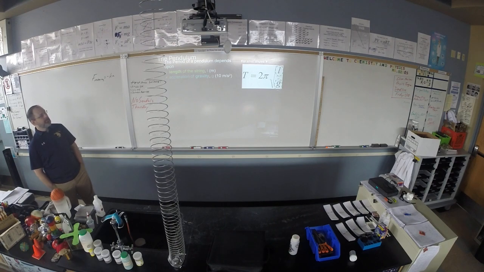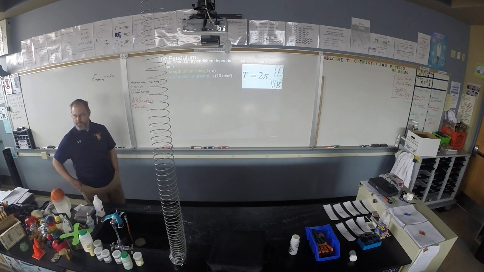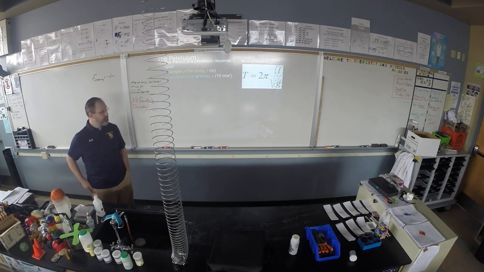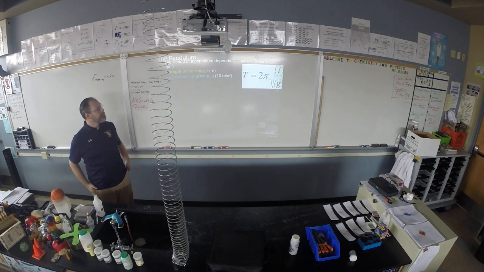Again, I'm not going to do the derivation for you about how this is related to things moving in a circle. Just realize it's 2 pi radical L over G.